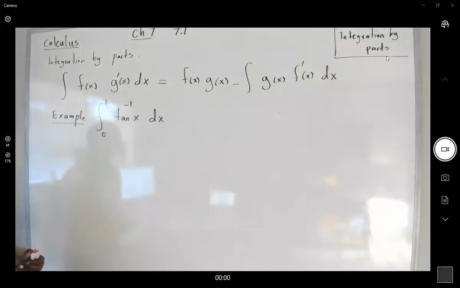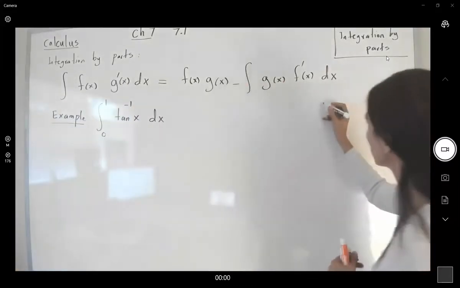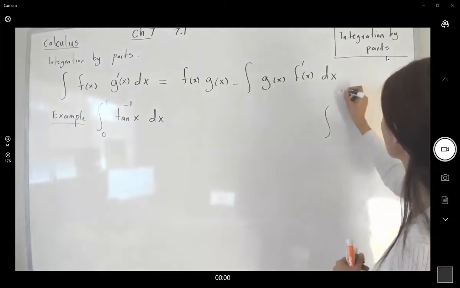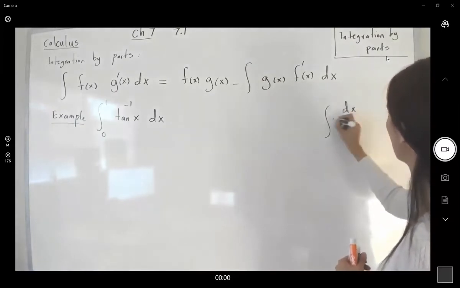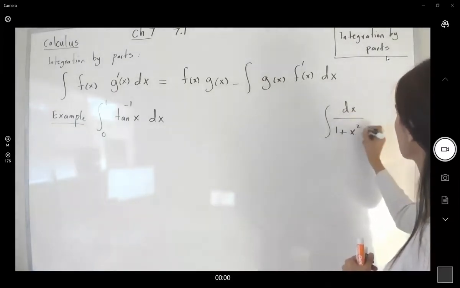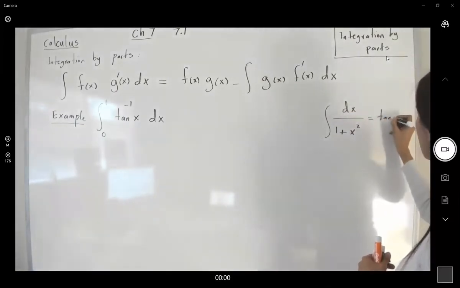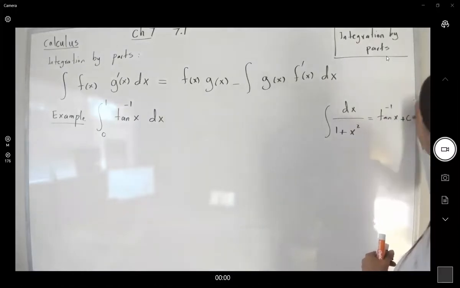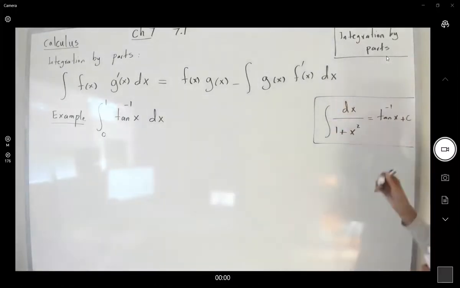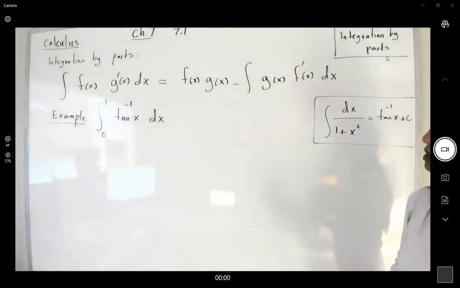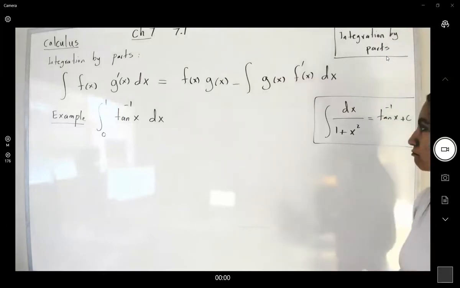Inverse tangent. Well, I already know that the integral of dx over 1 plus x squared is inverse tangent of x plus c. But this guy is asking me to find the integral of inverse tangent.